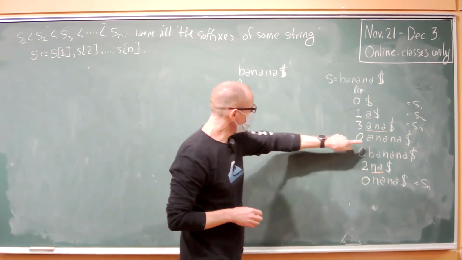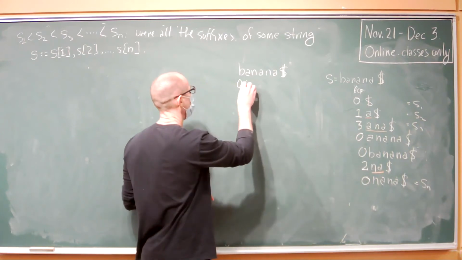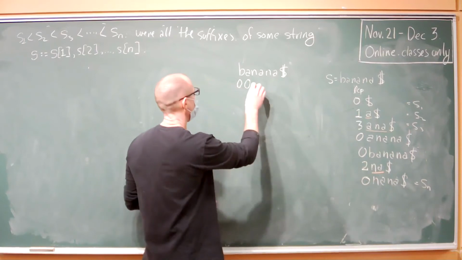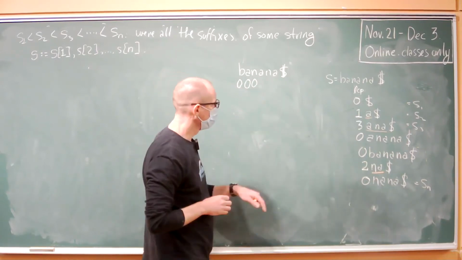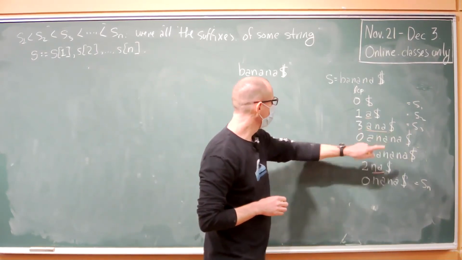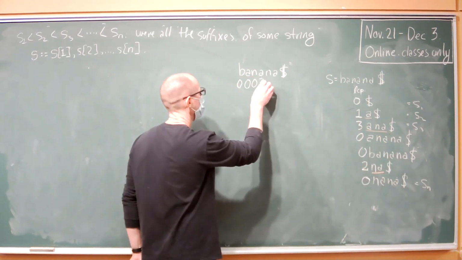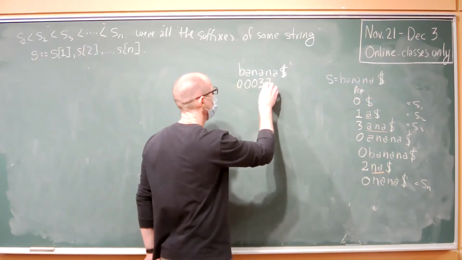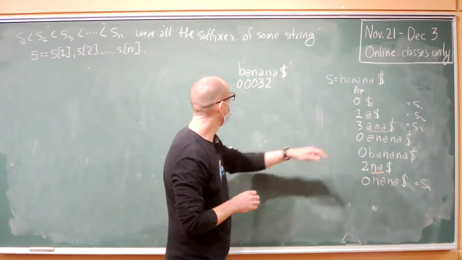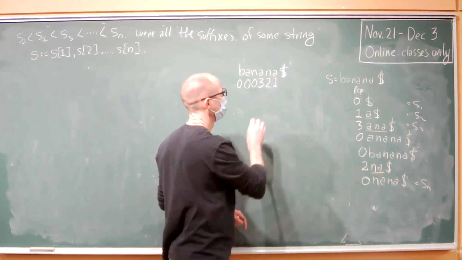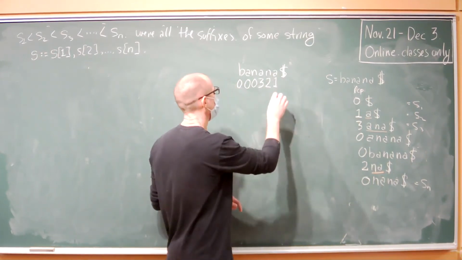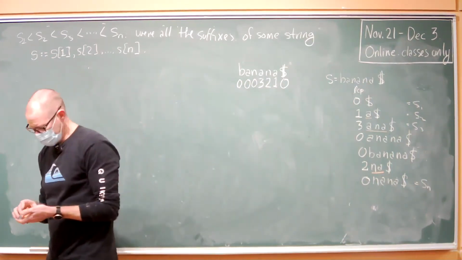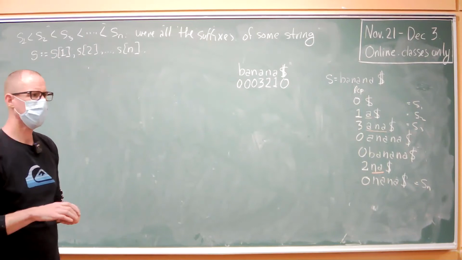Anana. Its LCP value is also 0. Nana, that's the one that's 0 by definition. Anna, that's a 3. Na is a 2. A is a 1. And then this one is a 0. Notice anything?